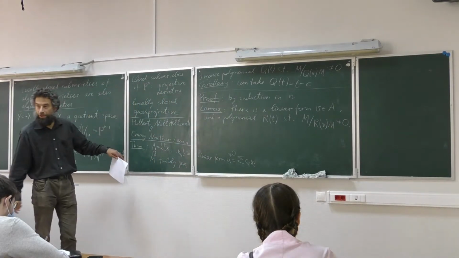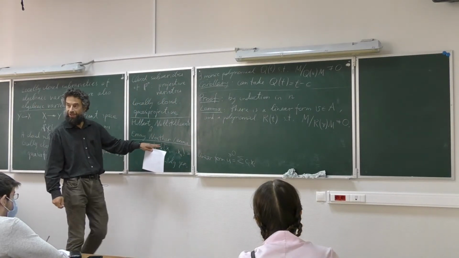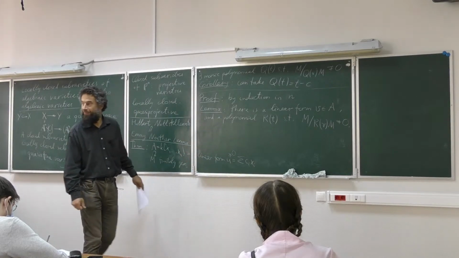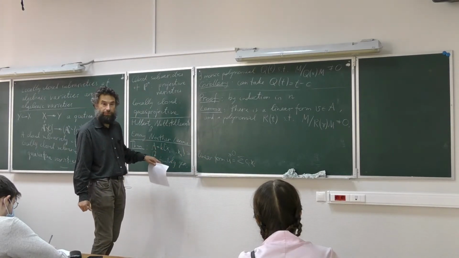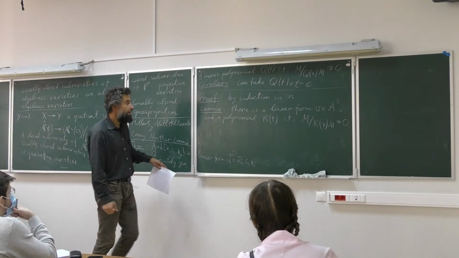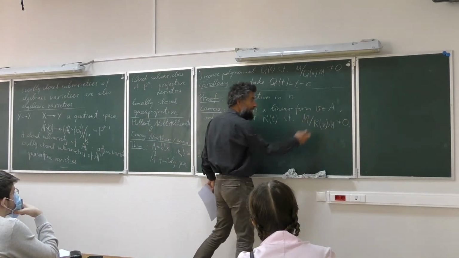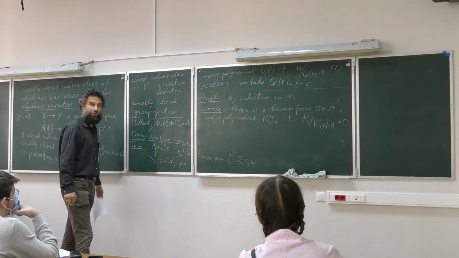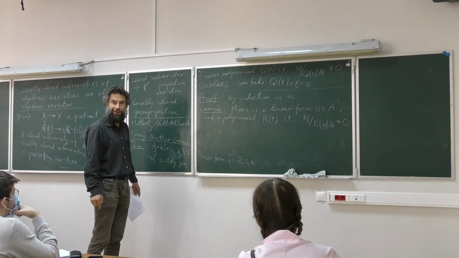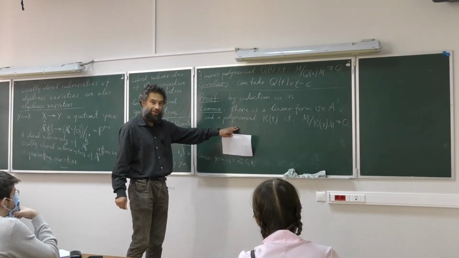Okay, just a weak form of the theorem, not for any linear form, but for just one. What is V? V is some linear form. We can choose a linear form and a monic polynomial in it. Okay.